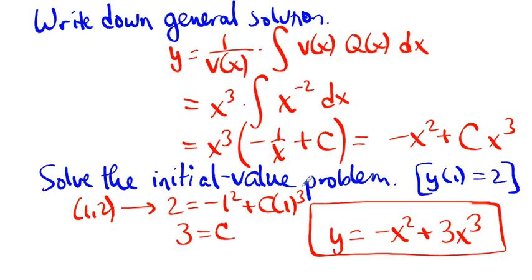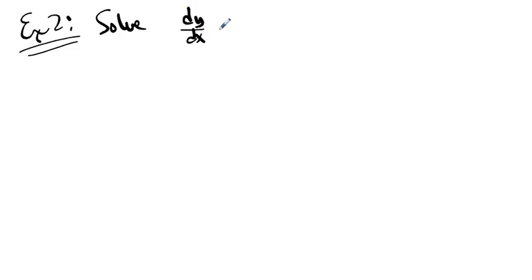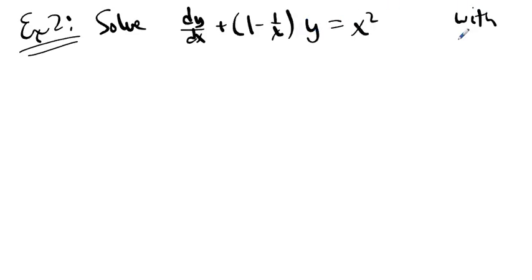Okay? Okay. I'm going to do one more. And then you're going to do one. And then we're going to be done. We're going to solve dy dx plus 1 minus 1 over x times y is x squared. And again, when x is 1, y is 2.